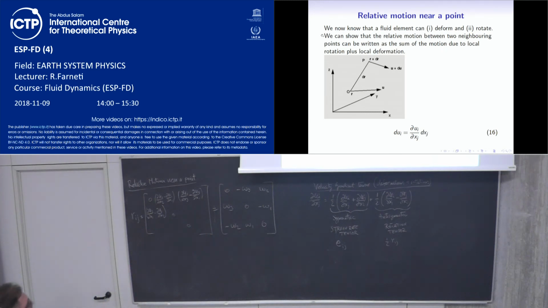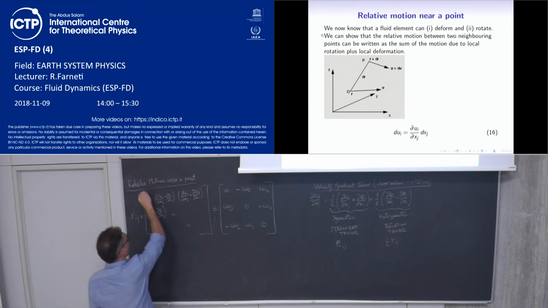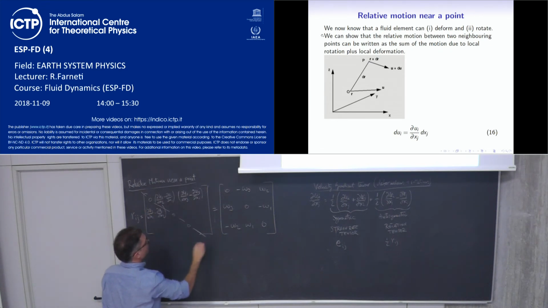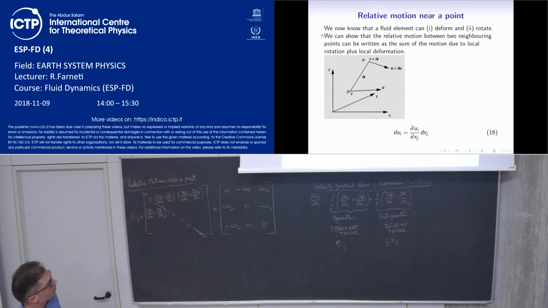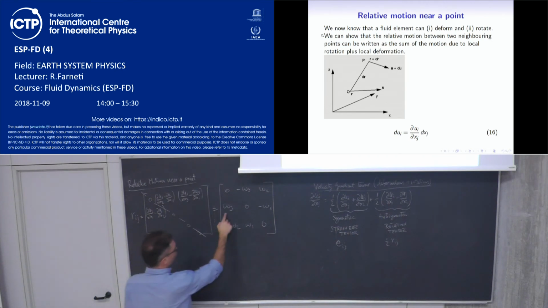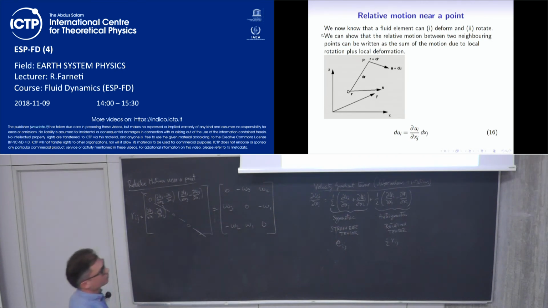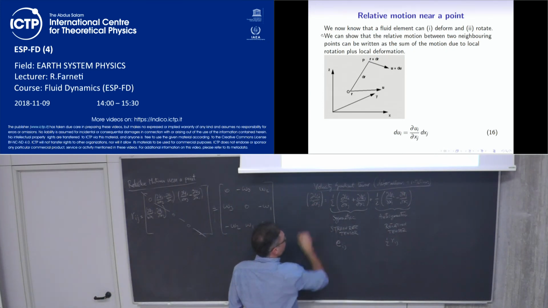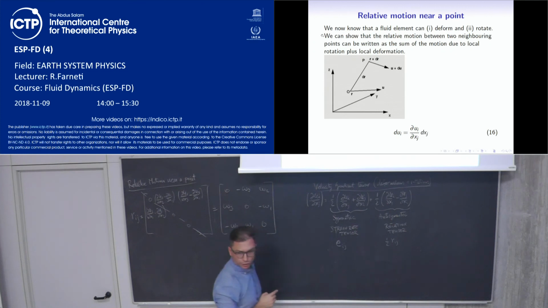So the rotation tensor has diagonal terms that are equal to 0, and the off-diagonal terms are all the components of the vorticity vector. So with the velocity gradient tensor, you have the linear and the shear strain rates given by this tensor. You have all the vorticity components given by the rotation tensor.